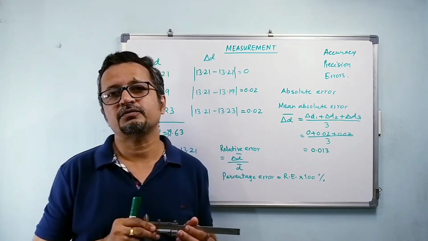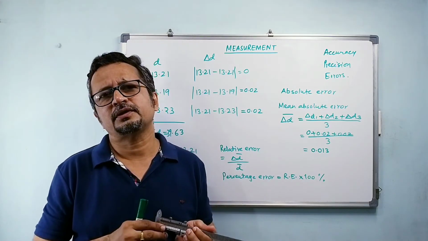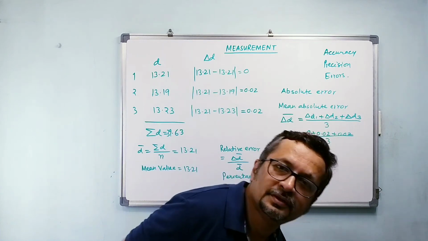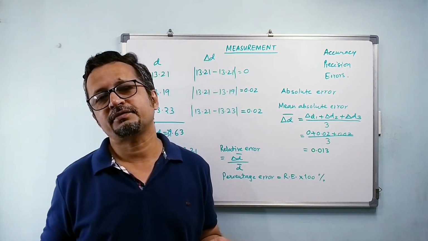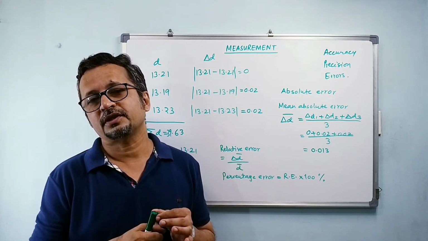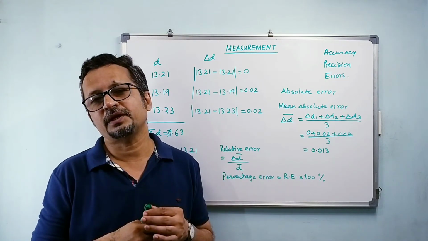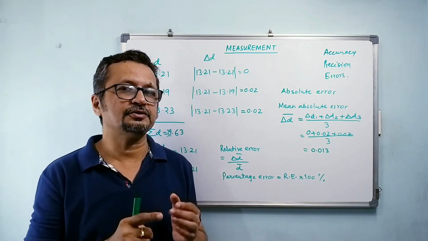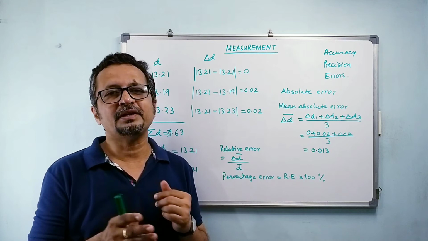The least count error would be because of the least count of the measuring instrument. For the vernier caliper, I have 0.1 as my least count, but if I am using a normal 15 centimeter scale, of which the least count is 1 millimeter, then the error that might be introduced would be something like half millimeter here and there.